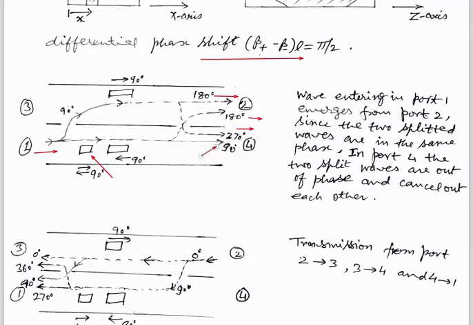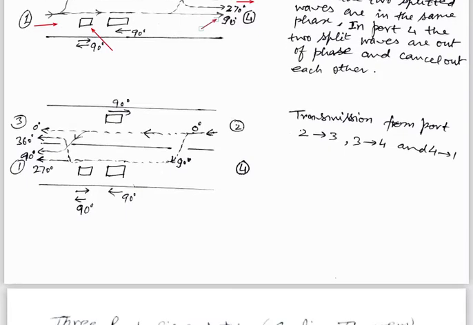Now similarly, the transmission from port 2 to port 3 can also be explained. If a wave is entering in port number 2, at the first 3 dB aperture it will be split with a 90-degree phase difference, and the second wave when it reaches port number 3 will have no additional phase difference and moves with a 0-degree phase difference, which is the initial phase difference in the wave.